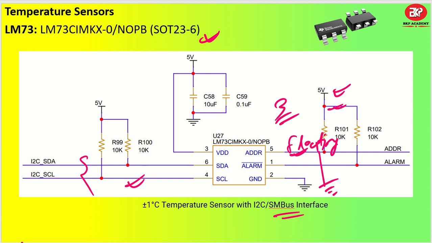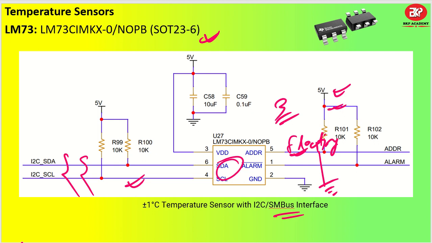Now, whenever there is a temperature rise beyond the limit that you have set through your I2C lines, you can write inside this particular device what temperature limit you want to keep.